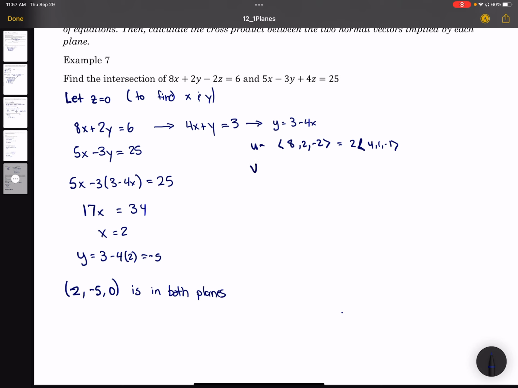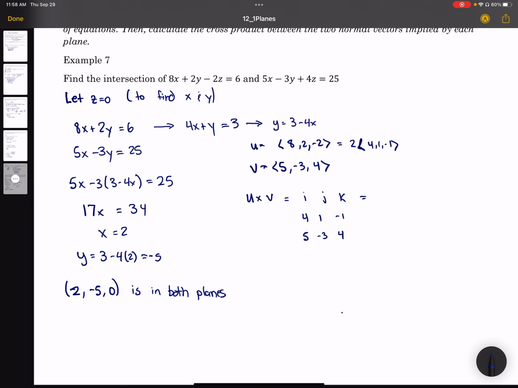And then v is 5, negative 3, and 4. So u cross v is going to equal, so we have our i, j, k, and then 4, 1, negative 1, 5, negative 3, 4. Okay, the order matters, but either vector is going to be orthogonal, so it doesn't really matter the order that we multiply, and we still get an orthogonal vector.